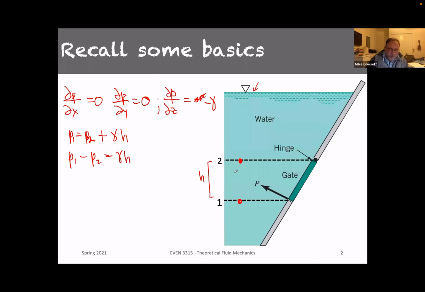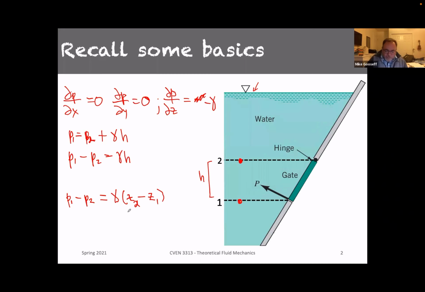The other thing that maybe I could have started with, but I'll just reiterate here, is that P1 minus P2, the difference in pressures at these two elevations, is equal to gamma times the difference between the elevations, Z2 minus Z1, since 2 is above 1.